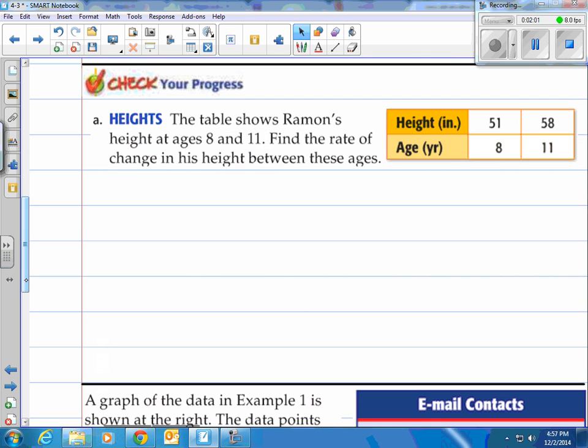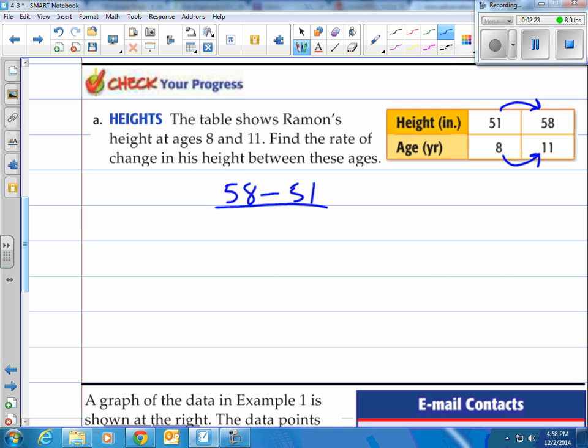Go ahead and give it a shot here. It says the table shows Raymond's height at age 8 and 11. Find the rate of change in his height between these ages. All right, well, let's take a look. We're going to go from 51 to 58 and then 8 to 11. Not a problem. So we'll find the change, which is 58 minus 51. And we'll do the age, which is 11 minus 8.